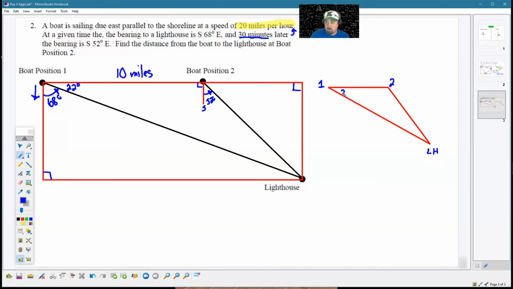So we figured out that this was 22 degrees. 90 plus 52 means that this is 142. We know that this is 10 miles. And 142 and 22 is 164. So we go 180 minus 164 here. And we find out this is 16 degrees down here. You can make that a little bit neater.